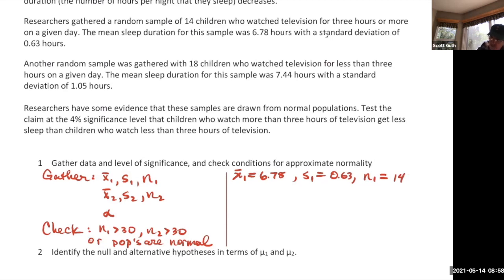Okay, this is less than 30. X bar 2, for the second sample, we see 7.44 hours of sleep on average. S2, that one was a standard deviation of 1.05 hours. N2, the sample size was 18 children. Again, too small.